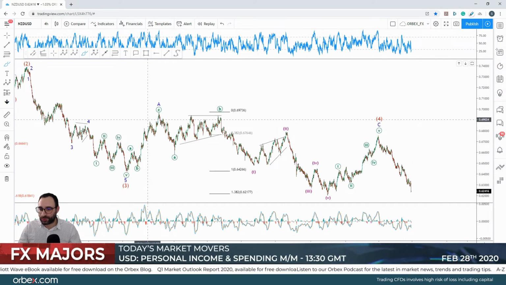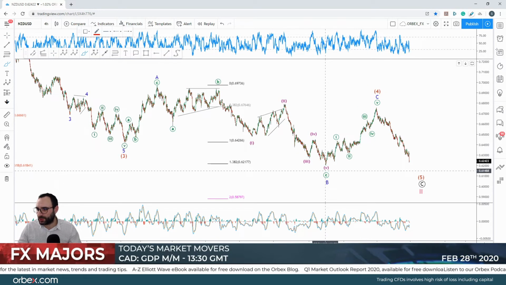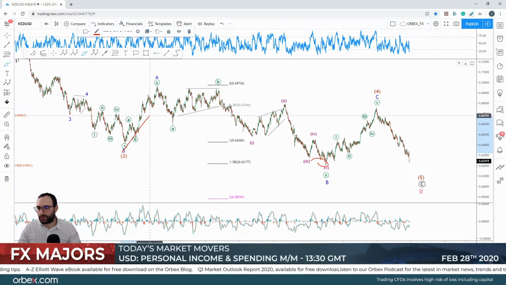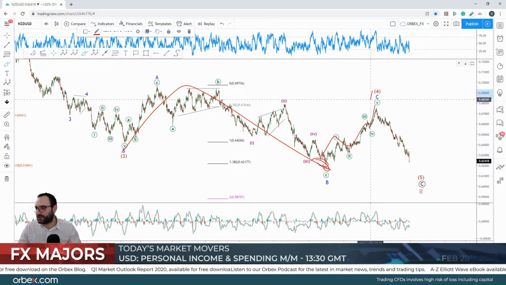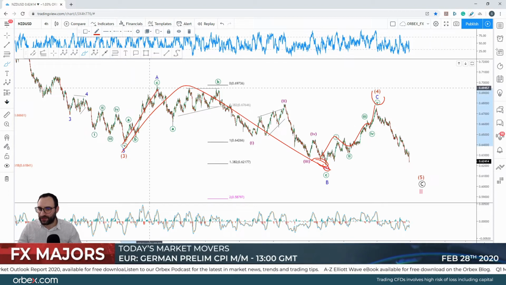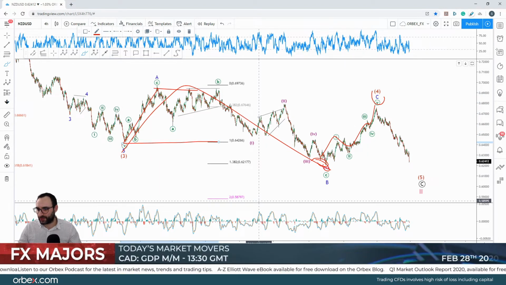Kiwi, I've also changed my view over here because I was expecting this to be wave 5, if you remember, right? Because we had 3, we had 4, and 5. Now, with this move to the upside over here, this is what I see as a correction now, right? And again, over here, I see a flat, okay?